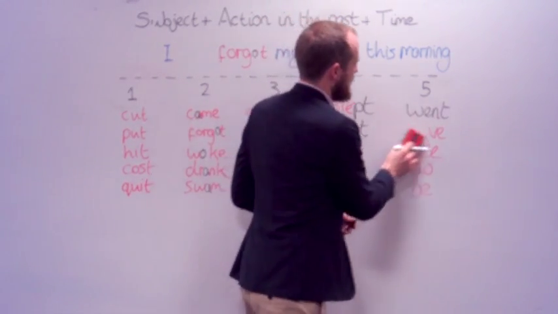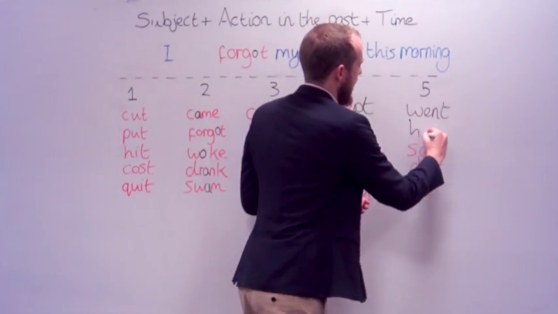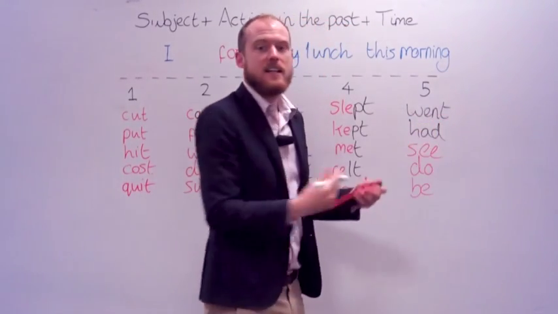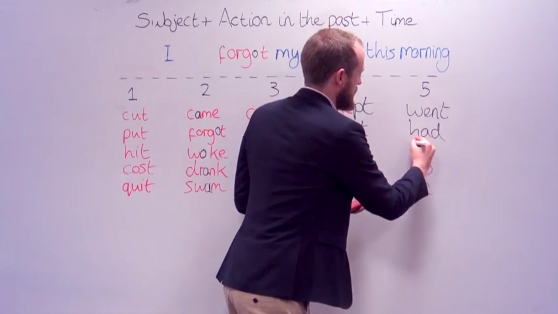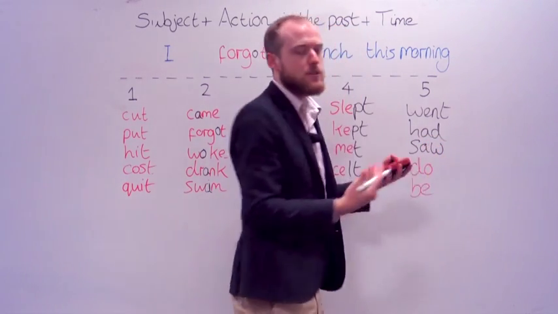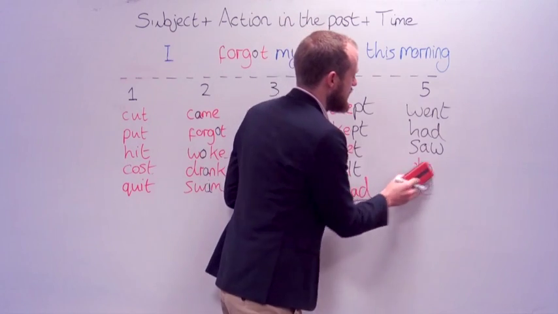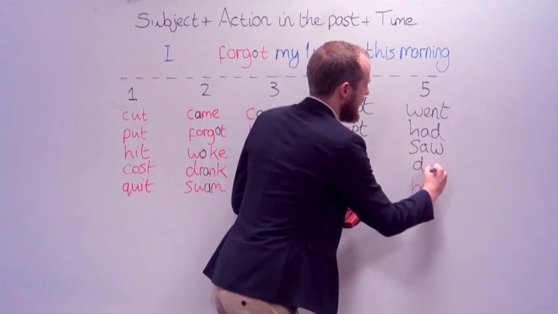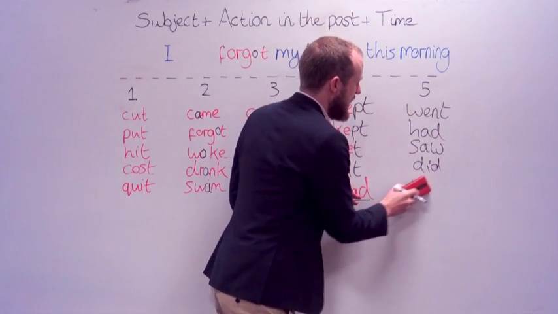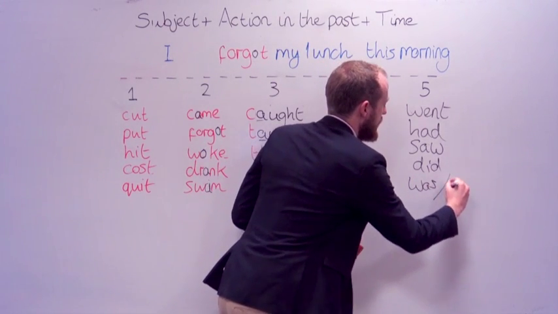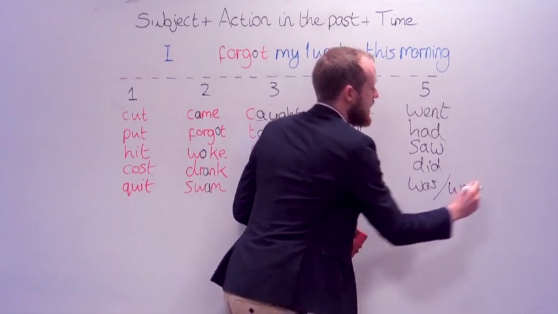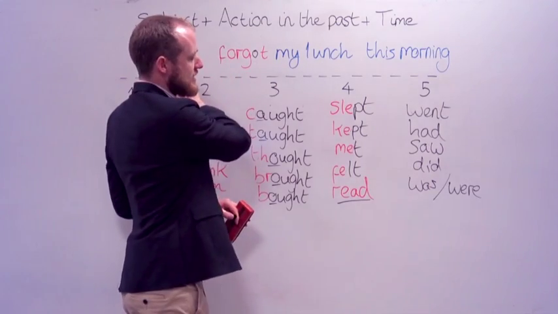Have in the past is had. See becomes saw. Do, you may know this one, do becomes did. And finally be, well, be is was or were, depending on the subject.